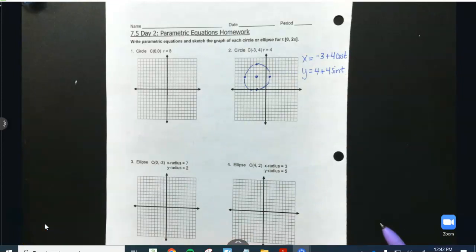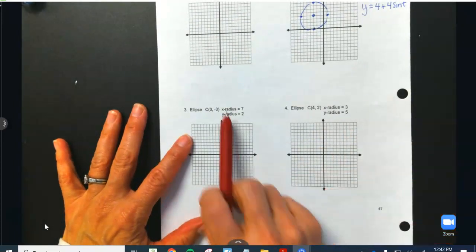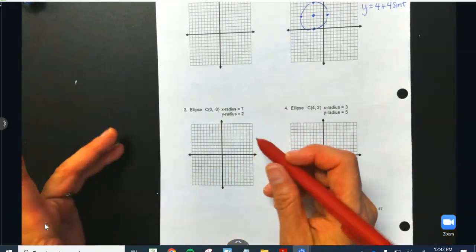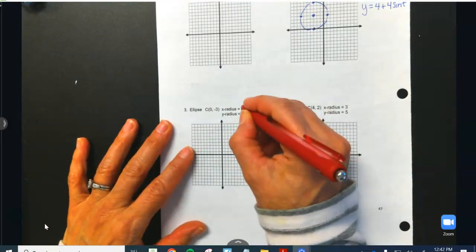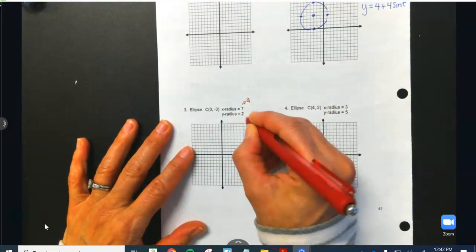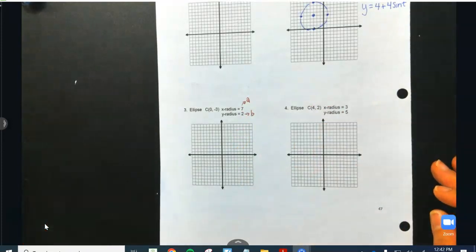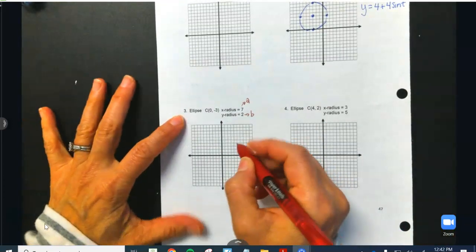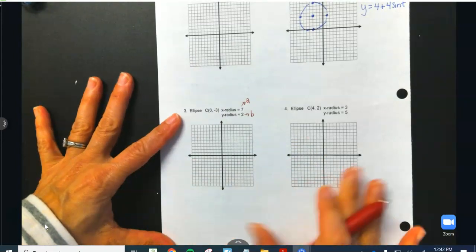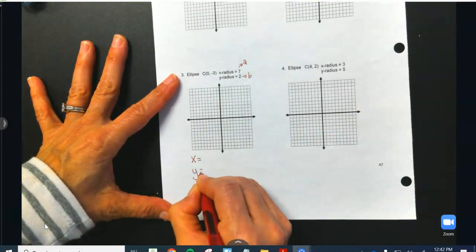All right, let's knock out this ellipse. Let's do number 3. So, guys, where it says radius, that's kind of a misnomer. The larger value is always A. The smaller value is always B. So if the larger value is an x radius, we know this is a horizontal ellipse. Let's go ahead and get my little equation set up here. X equals, y equals.